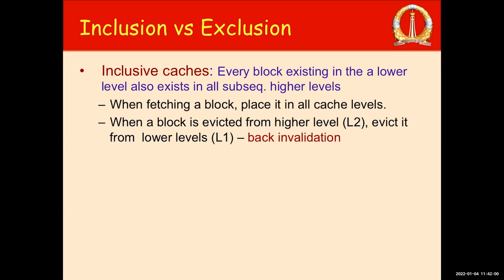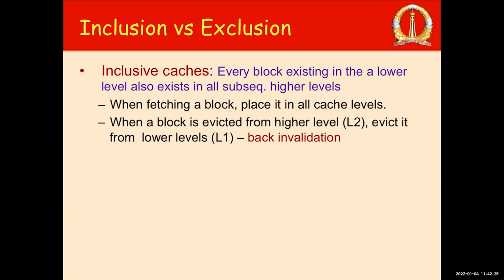That means whatever is in L1 cache is also there in L2 cache, and whatever is in L2 cache is also there in L3 cache. That is why the inclusion comes into the picture. There are certain advantages of inclusive caches.